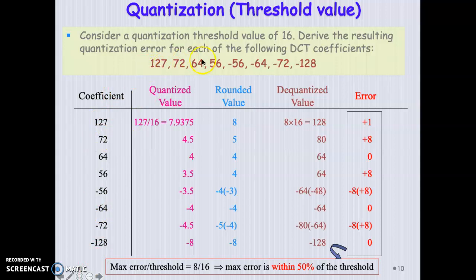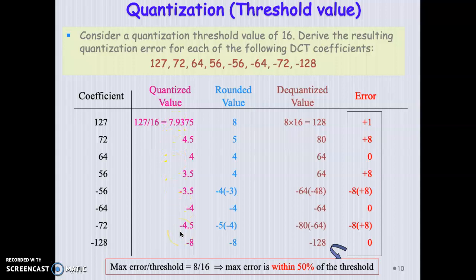For example, here you have this DCT, then you quantize. The threshold is 16, so each of these will be divided by 16. So you will get these numbers.